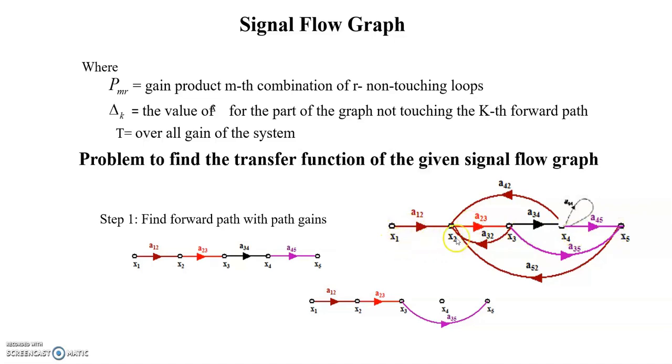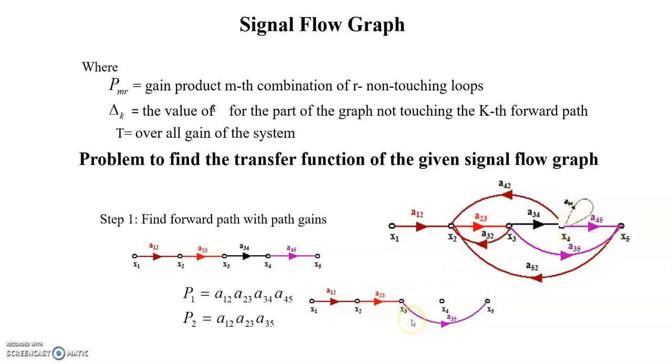So x1, x2, x3, x4, x5 is the first forward path. You can draw the first forward path along with the signals. Similarly, the second forward path is x1, x2, and then going to x5, missing x4. This is the second forward path.